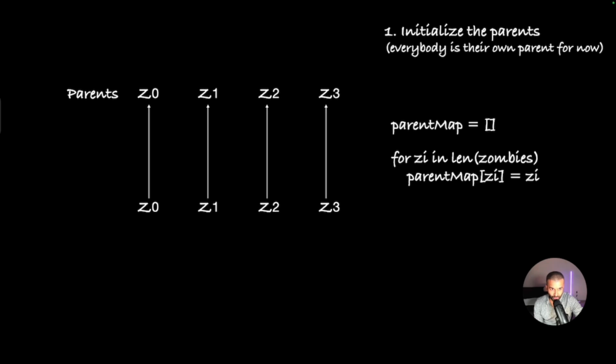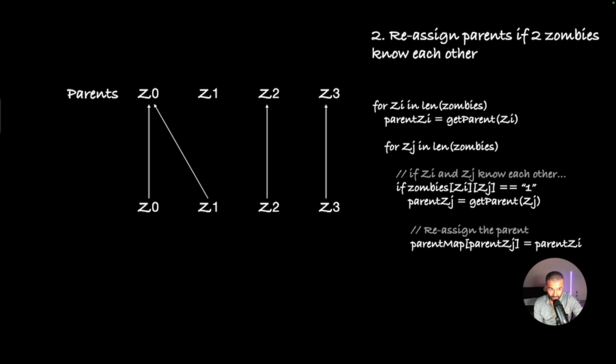First, we initialize the parents, as we've discussed, and this is the pseudocode that you see to the right, where we have every zombie point to themselves. Now we need to reassign parents if 2 zombies know each other. In our first iteration, Z1 and Z0 know each other, so we change Z1's parent to point to Z0.